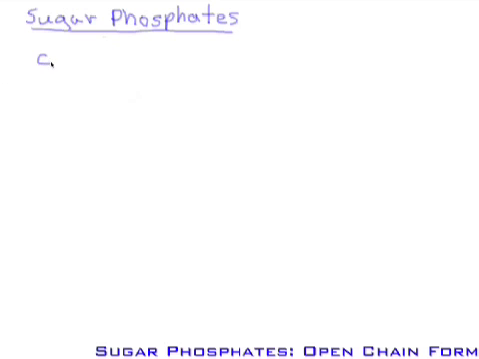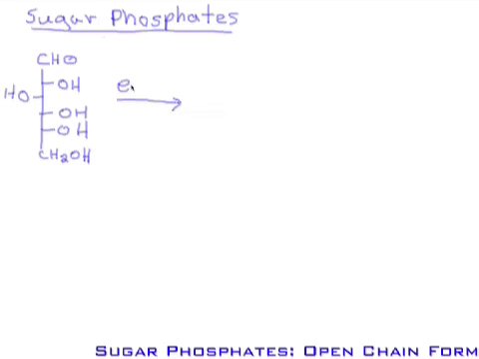For example, if I take D-glucose and I react it with an enzyme, there are enzymes that will phosphorylate the glucose molecule at the 6th position.